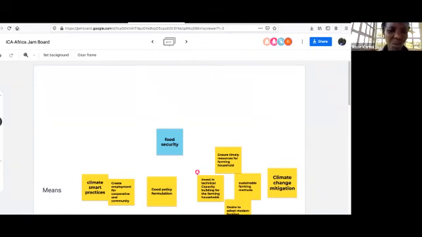Now we go to, what are we calling this other one? The effects. So once we achieve good food security, then we shall have improved education, isn't it? Or is it improved access to education?